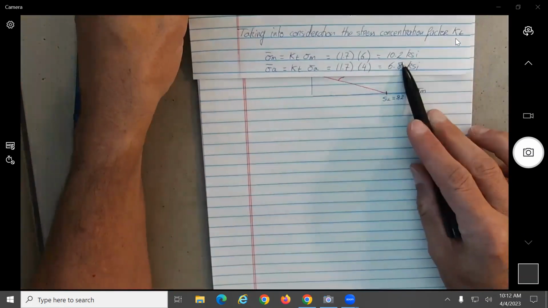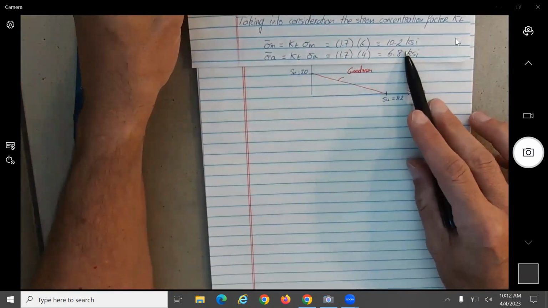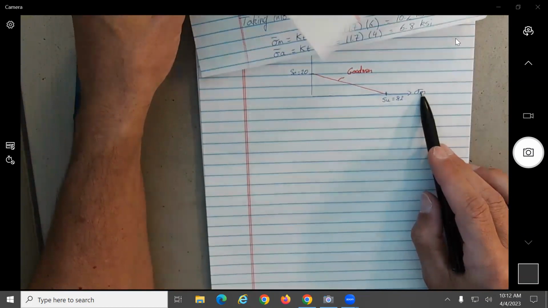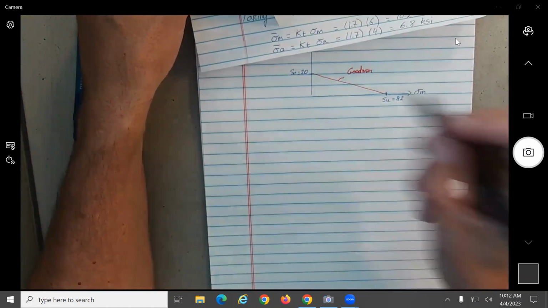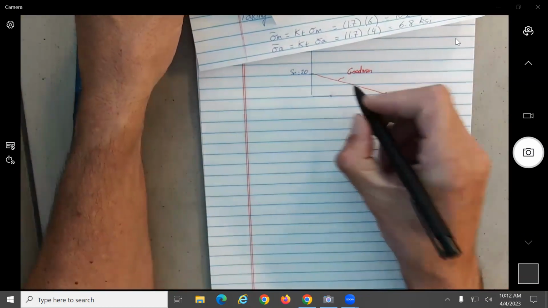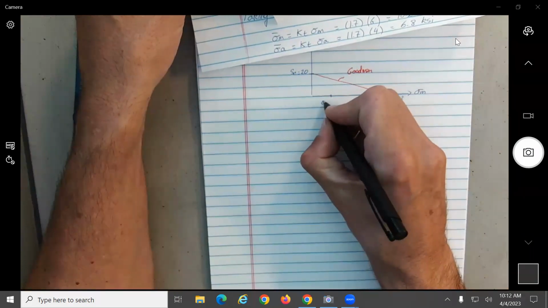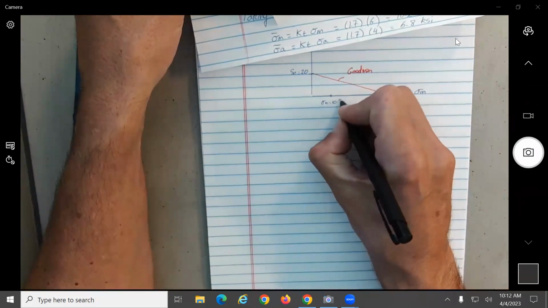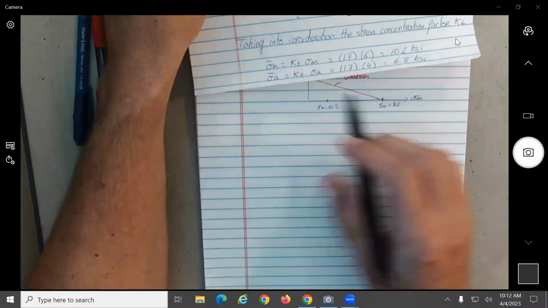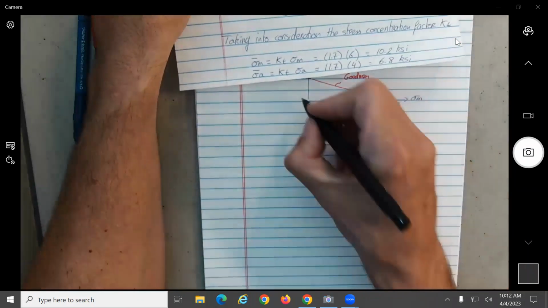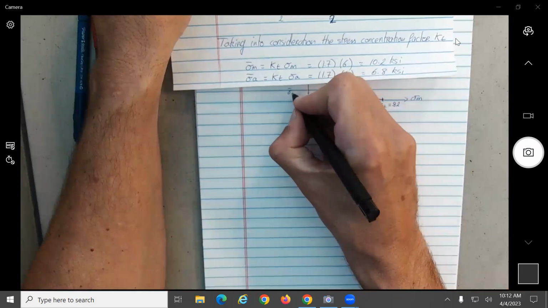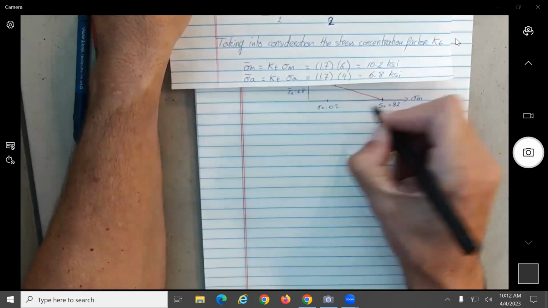Now, from this equation, what do we have for sigma sub n? That go on this one, which would be 10.2. So let's say, I know that will be 2 step, but let's say sigma sub n equal to 10.2. And what should be the alternate? 6.8.